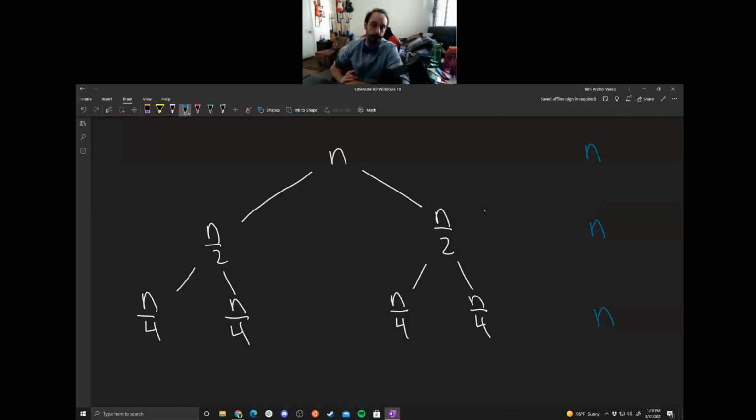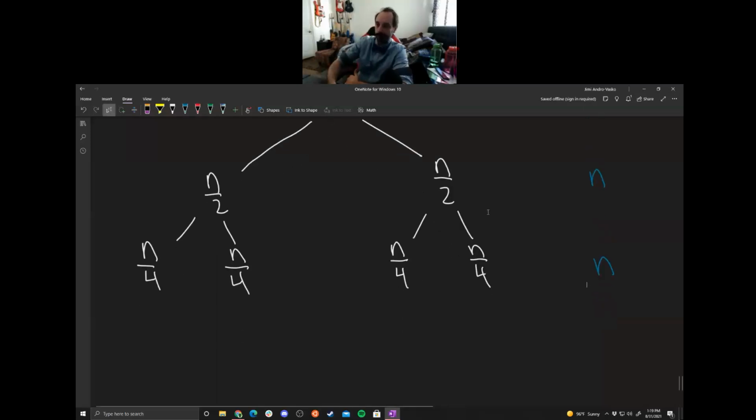And then we want to go ahead and figure out, well, what's the height of this tree going to be? Well, we start from n and we divide it by 2, divide it by 2, divide it by 2. So that sort of operation is the definition of logs. So it's going to have a height of log of n. So I guess I'll write this over here. The tree height is log base 2 of n.